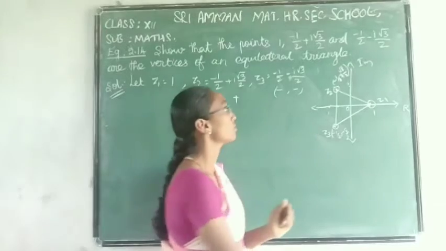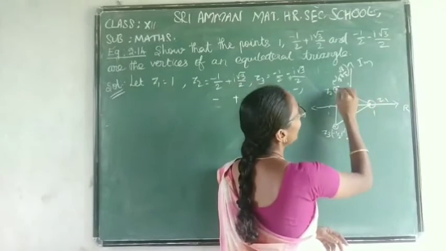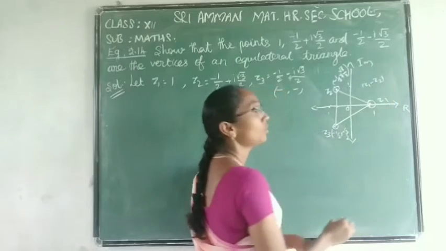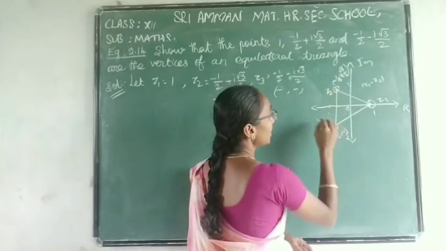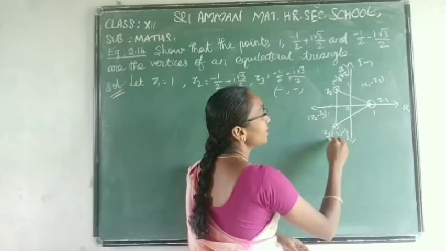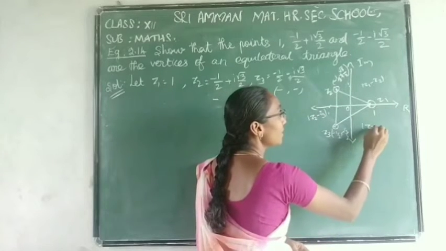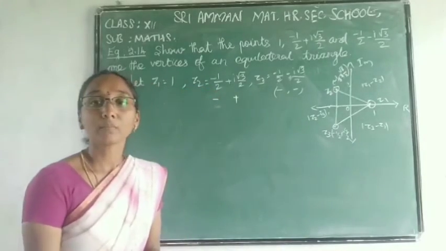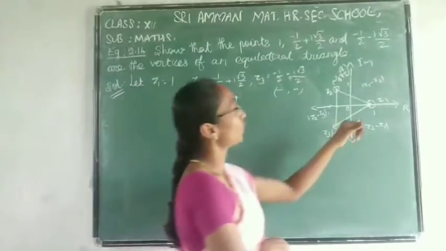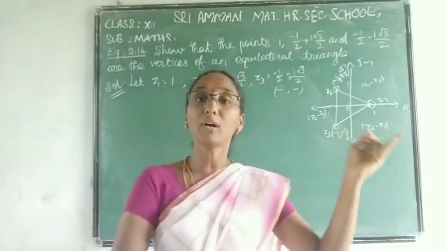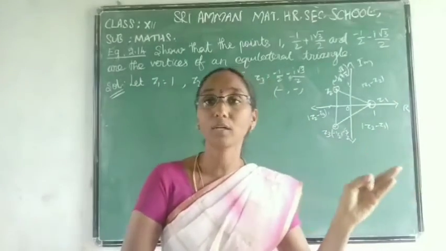So the length between these two complex numbers is modulus of z1 minus z2, and the length between z2 and z3 is modulus of z2 minus z3. The length between z3 and z1 is modulus of z3 minus z1. Now find the modulus of z1 minus z2, modulus of z2 minus z3 and modulus of z3 minus z1.